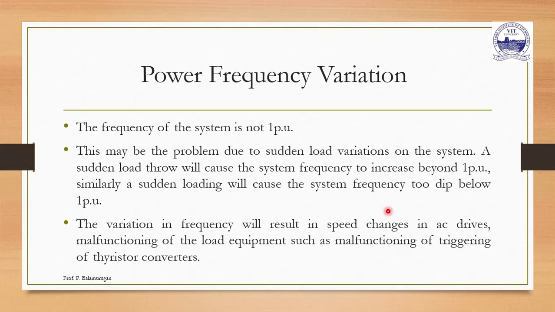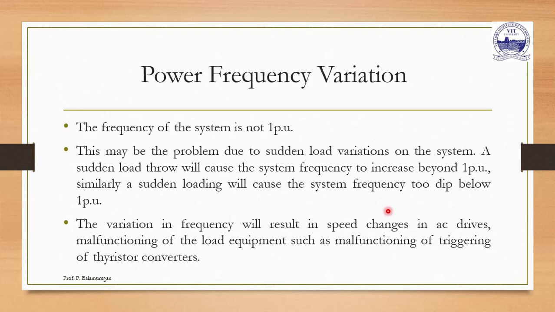So the basic reason is, when there is a sudden load throw in a system, the torque supplied by the generator prime movers will be more, and because of that the generator will speed up and hence the frequency of the system will increase.